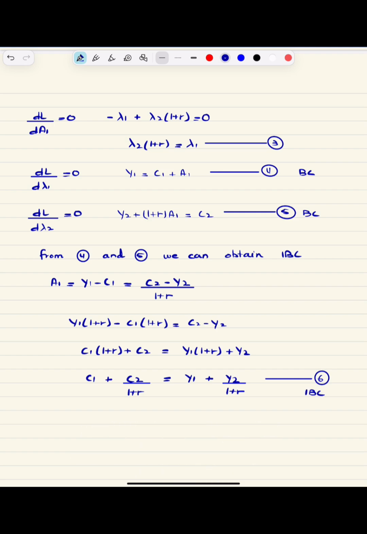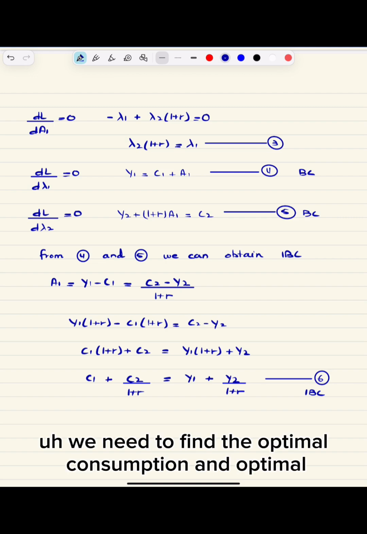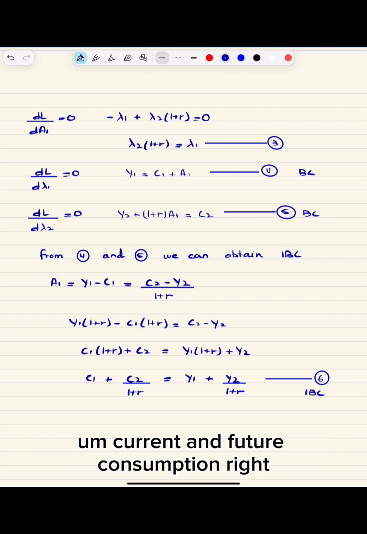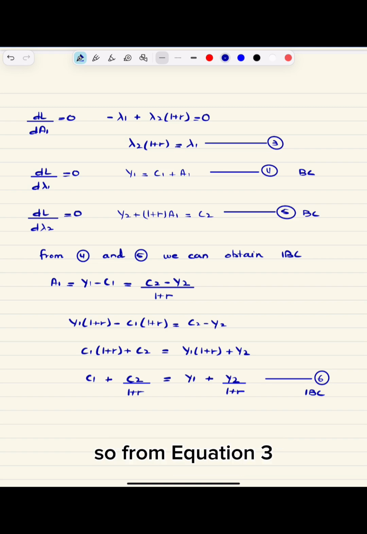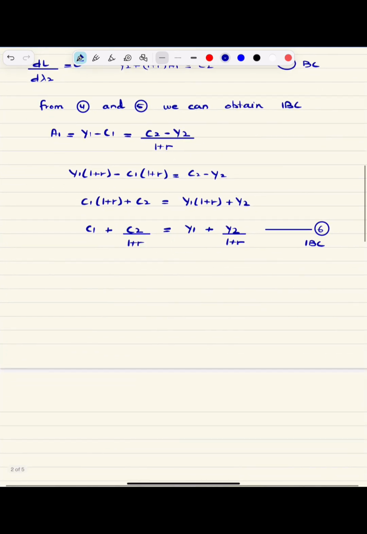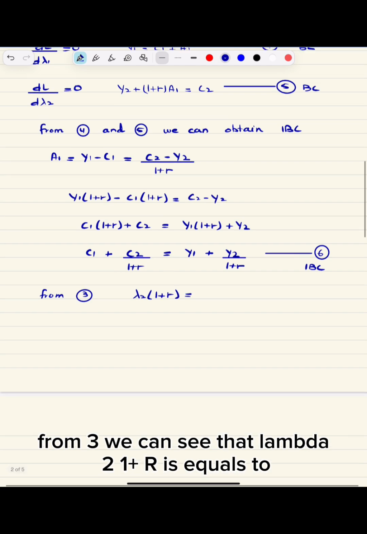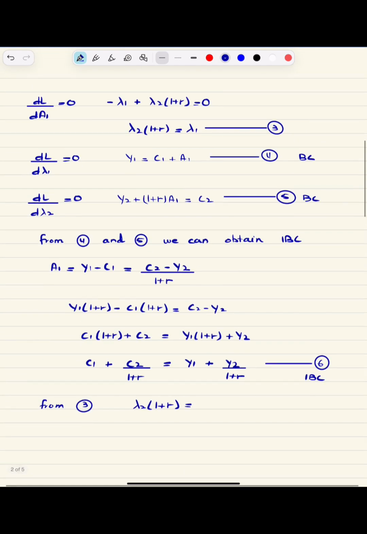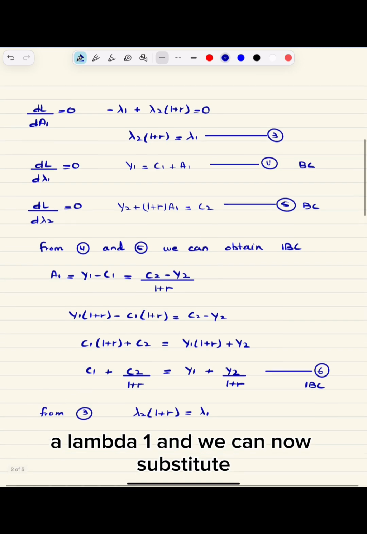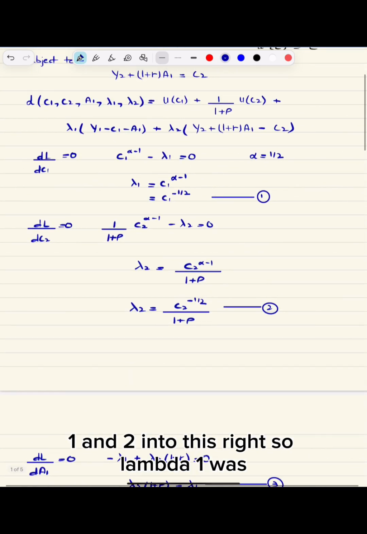Okay, now what? We need to find the optimal current and future consumption, right? So from equation 3, we can see that lambda 2 (1 + r) is equal to lambda 1, and we can now substitute 1 and 2 into this.